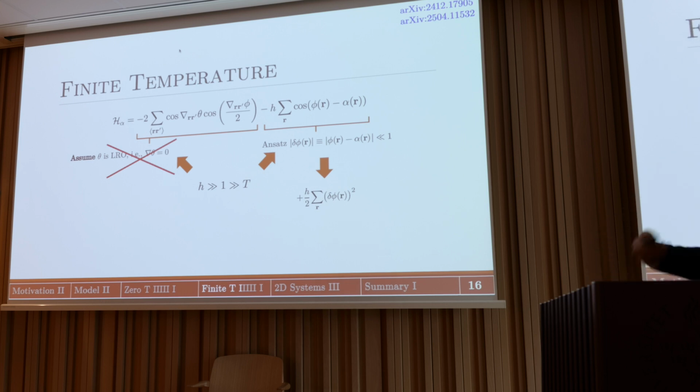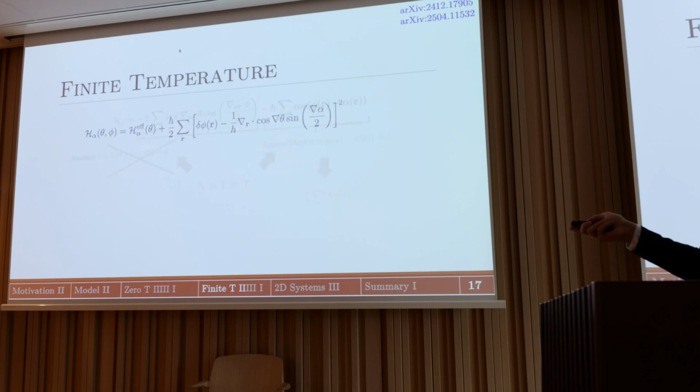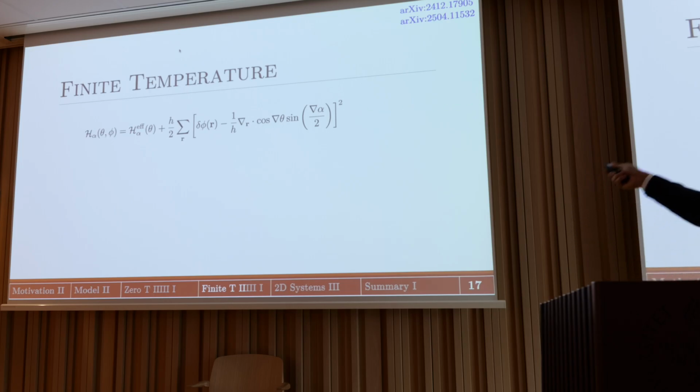But I can still expand the first term in power series of delta phi, and I still only care about linear orders in delta phi. In this case, I can rewrite my Hamiltonian as follows. The first term depends only on the average phase, while the second term depends on both delta phi and the average phase theta. And then I'm neglecting higher order terms.